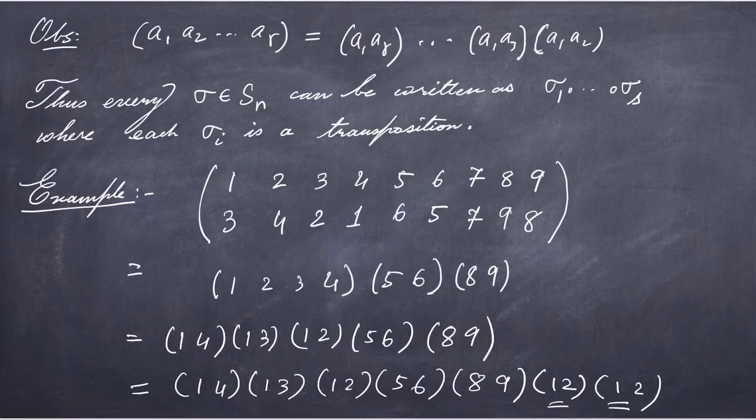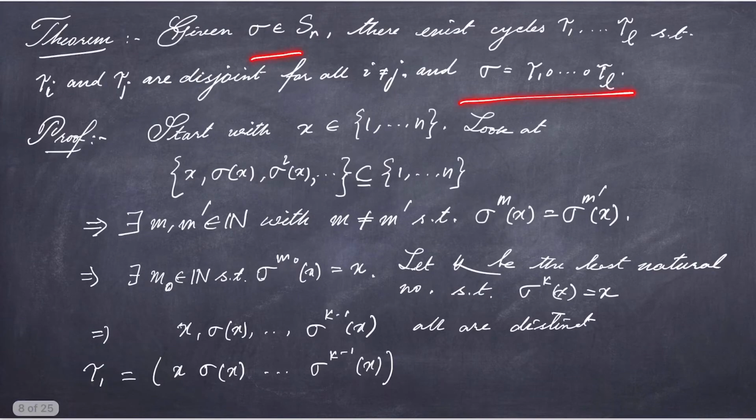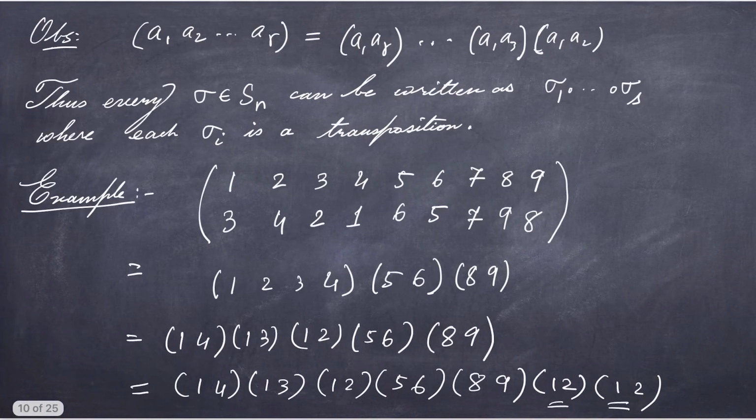Earlier we have proved that any permutation is the product of disjoint cycles. Now each cycle is a product of transpositions. Therefore, putting these two facts together, we see that every permutation is a product of transpositions. But remember, we cannot insist that if we pick any two different transpositions, they will always be disjoint.